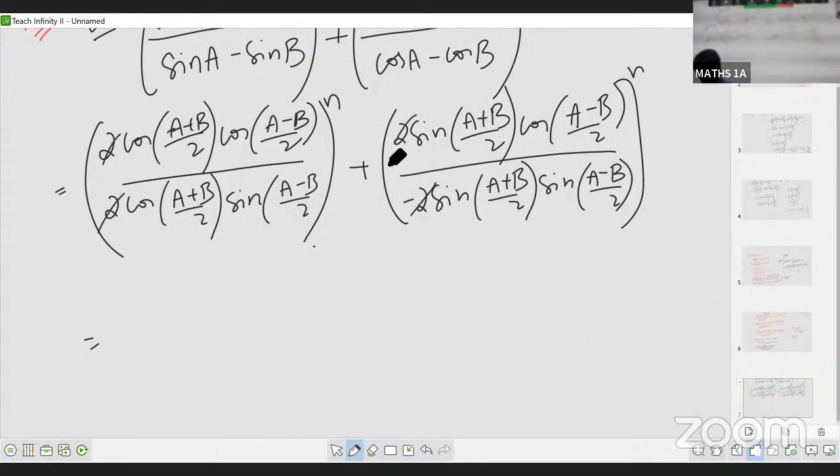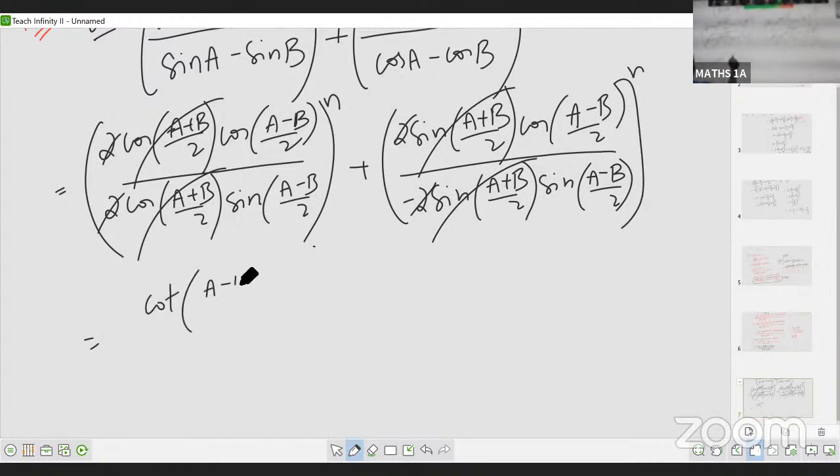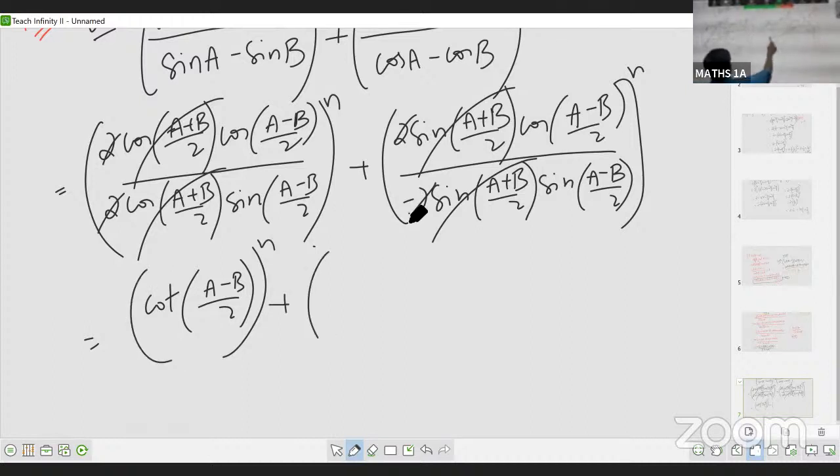Here also 2 gets cancelled. Here cos of A plus B by 2 also gets cancelled. Here also sin of A plus B by 2 gets cancelled. So what is left out? Cos by sin, cot of A minus B by 2 its whole power n. Plus this minus is there, minus cot of A minus B by 2 whole power n.